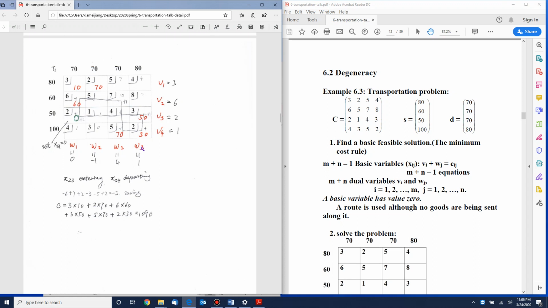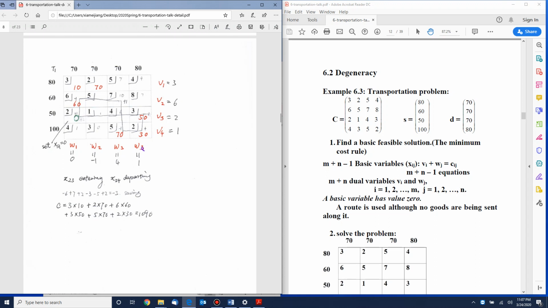So here I set w1 equals 0, then I have v3 equals 3, v2 equals 6, and v3 equals 2. Once I have v3 equals 2, then I can get w4 equals 1. When I get w4 equals 1, I can have v4 equals 1. So when we have v4 equals 1, then we can get w3 equals 4. So in this way, we get all the values of the dual variables.